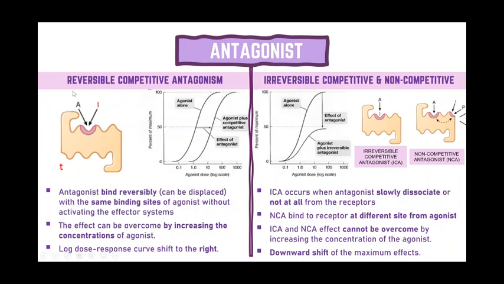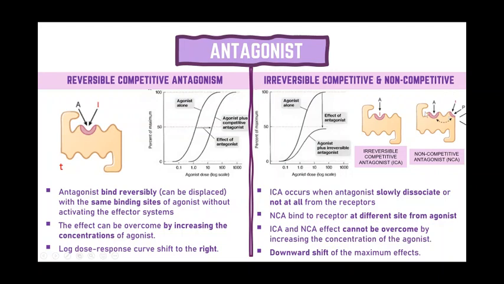A competitive antagonist has the same binding site as the agonist, whereas the non-competitive antagonist binds to the receptor at different sites from the agonist.